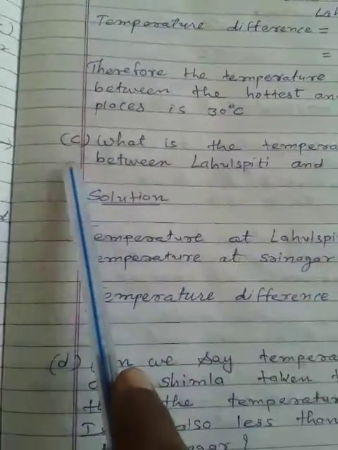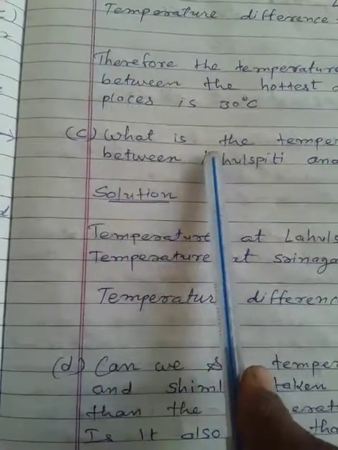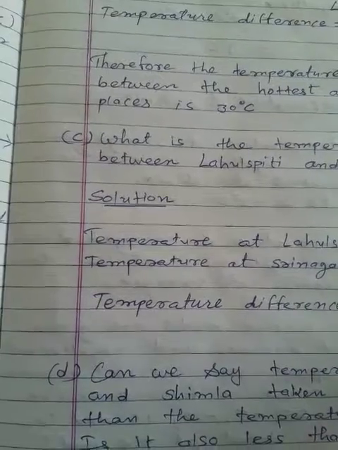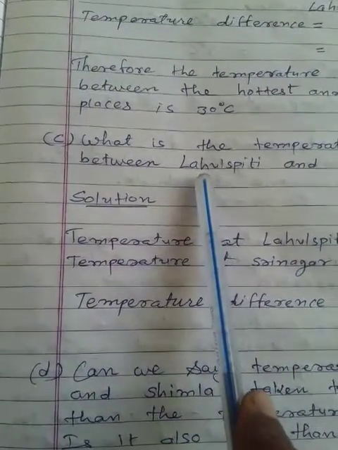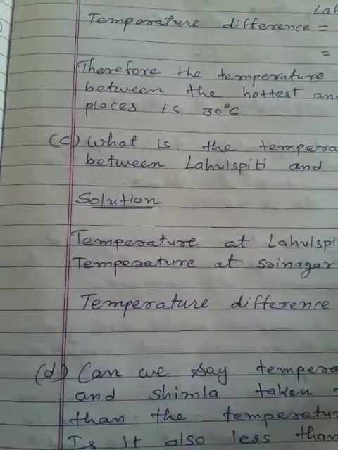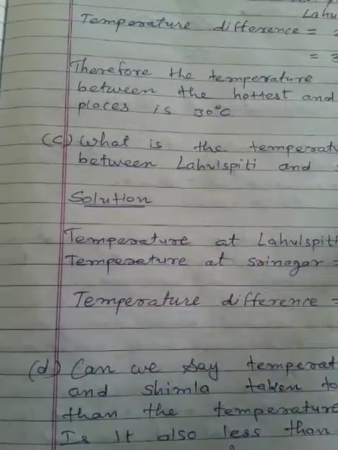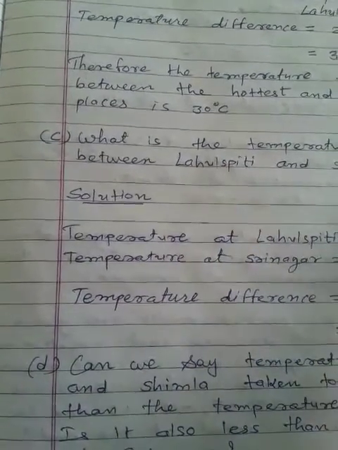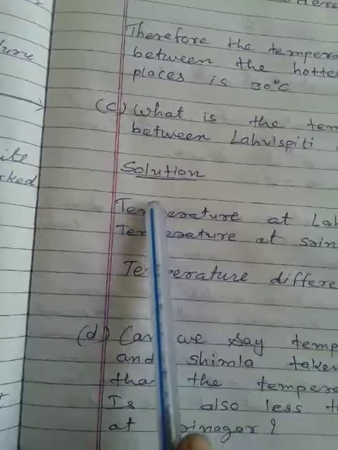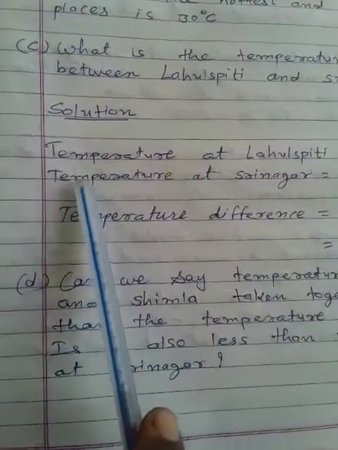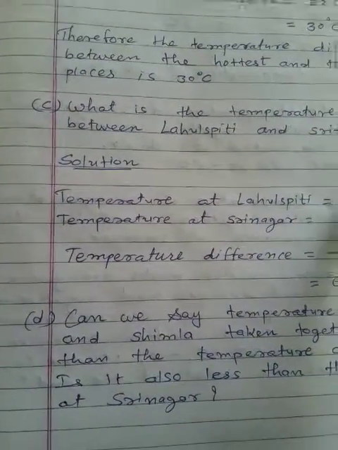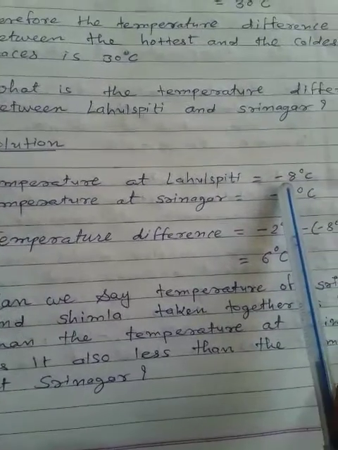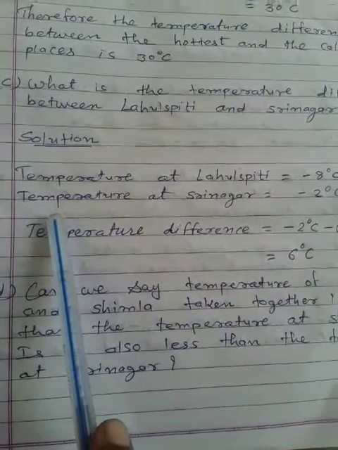Okay. Now question C. What is the temperature difference between Lahore Spiti and Srinagar? Here we have to find the difference between Lahore Spiti and Srinagar. Now how do we solve this? Solution: temperature at Lahore Spiti is -8 degrees Celsius.